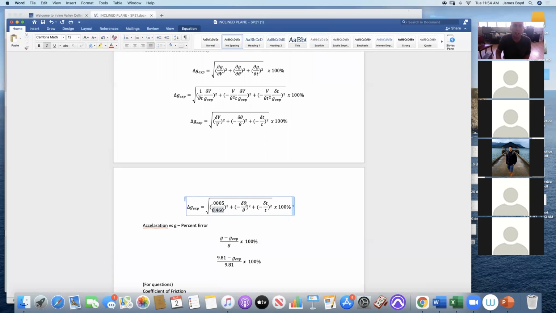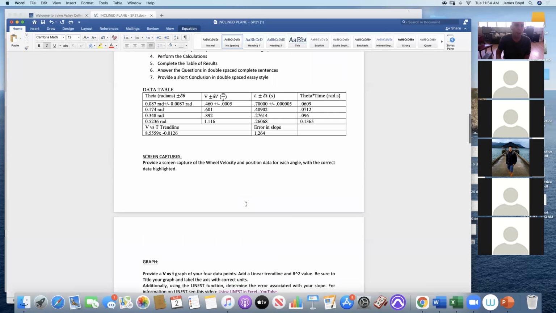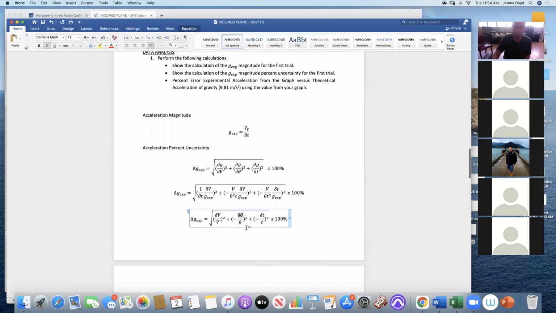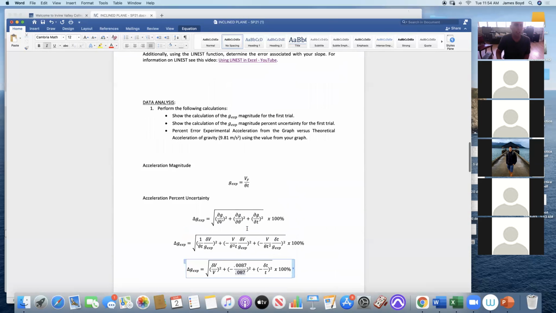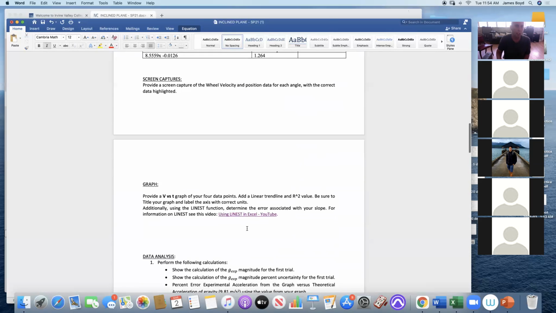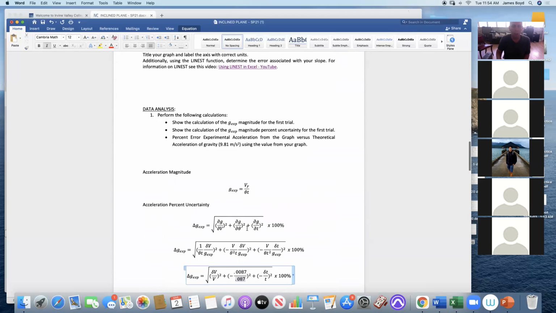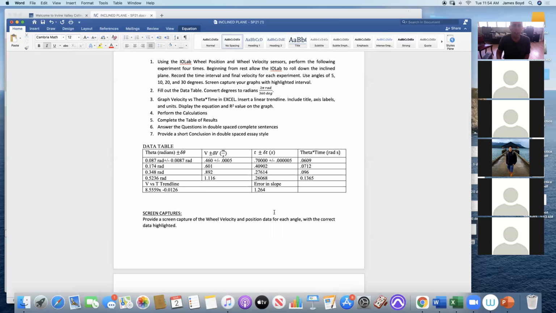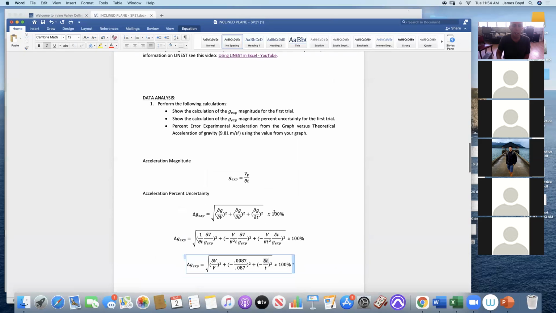My delta theta was 0.0087, and my theta was 0.087. Is that correct? Guess it is.